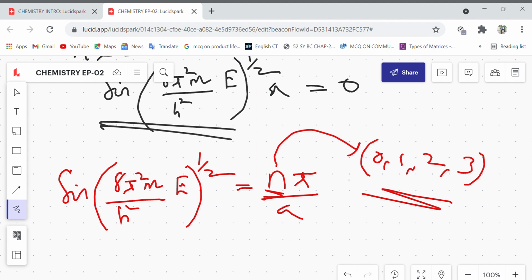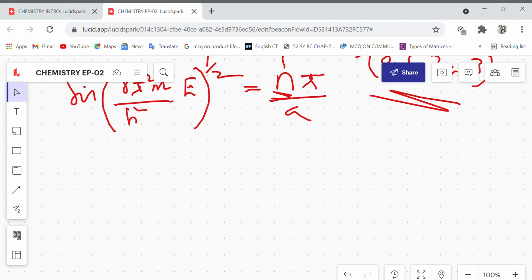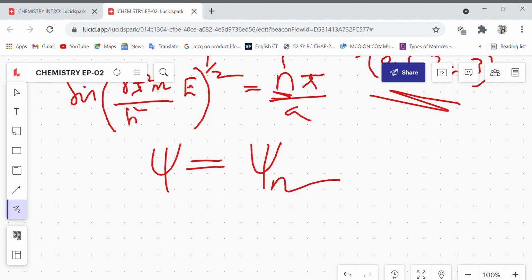Then the condition comes: psi equal to psi of n, which becomes A sine n pi x by a.